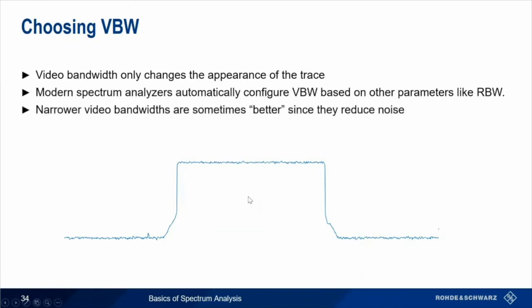In many cases, a smaller or more narrow video bandwidth might seem desirable since it reduces noise on the trace. But as we talked about before, video bandwidth does have an effect on that sweep time. So just keep in mind that the more narrow the VBW, the longer the sweep time is going to take.